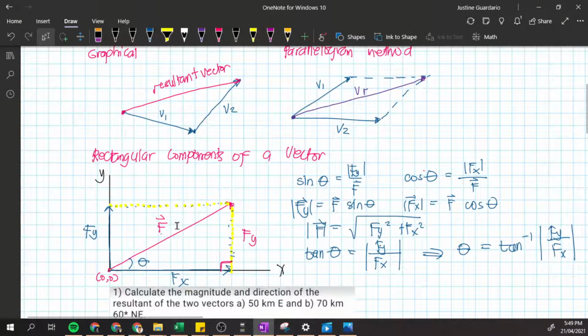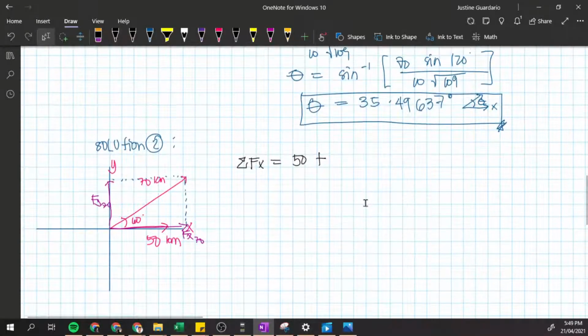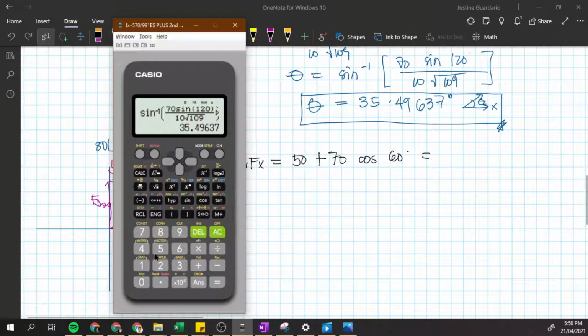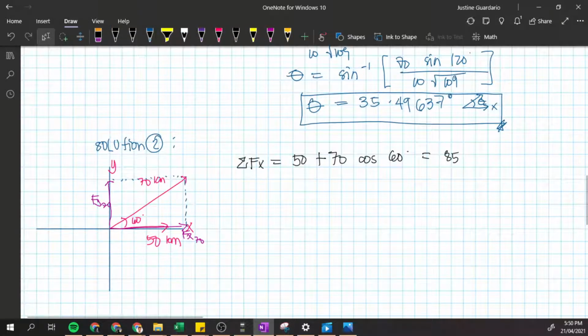Paano natin i-resolve yung etong F na 'to? We will utilize F cosine theta. So, that will become 70 cosine 60 degrees. That is equal to 50 plus 70 cosine 60. Okay? That is equal to 85. Okay? That is the magnitude, 85 kilometers.